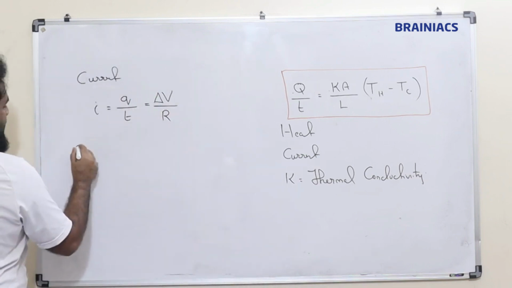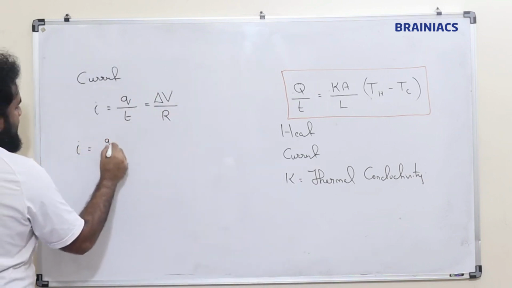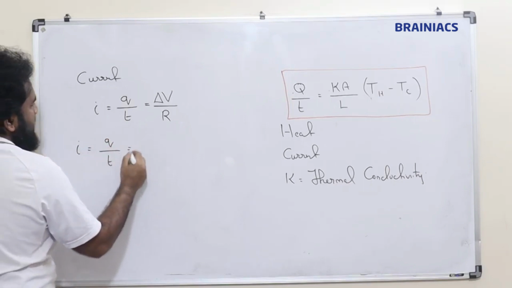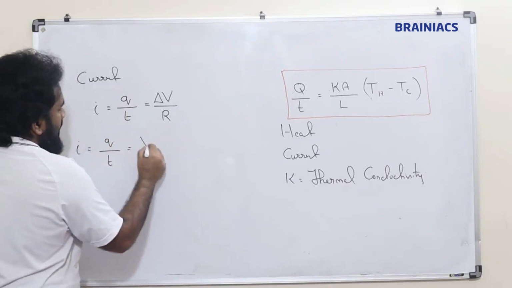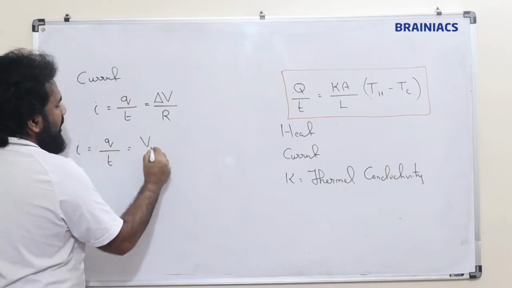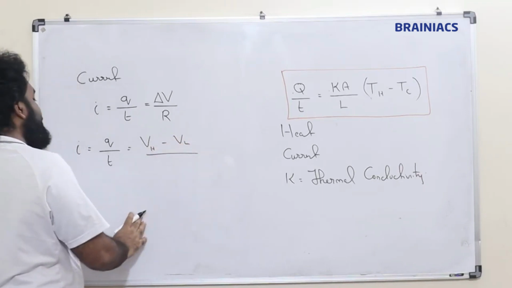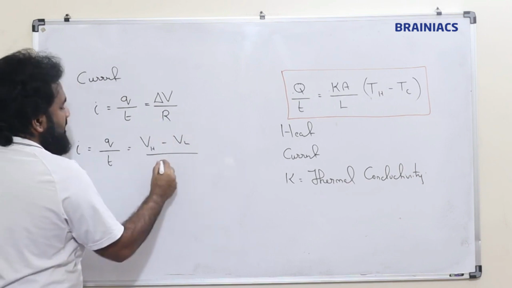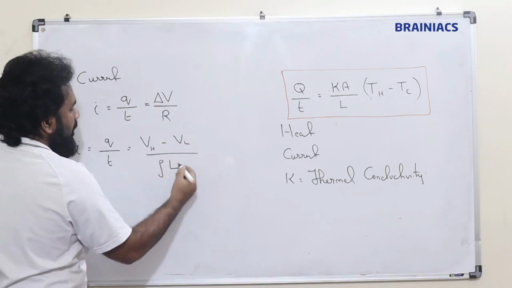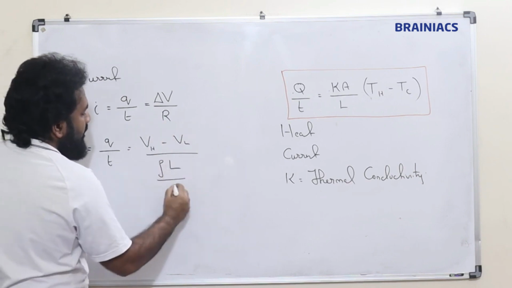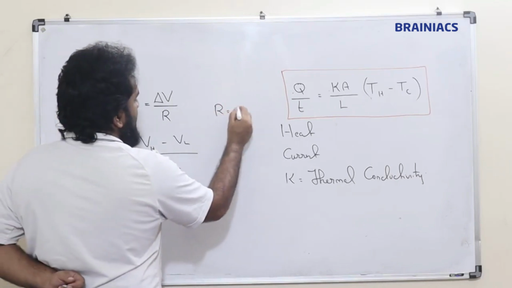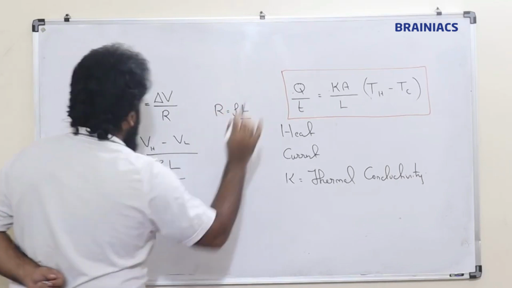So charge by time is equal to higher voltage minus lower voltage divided by resistance, and instead of resistance we can write rho L divided by A, because resistance is rho L by A.